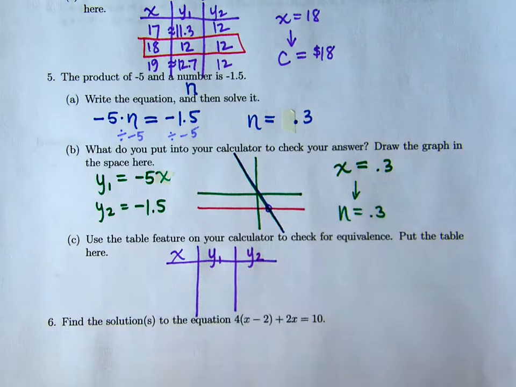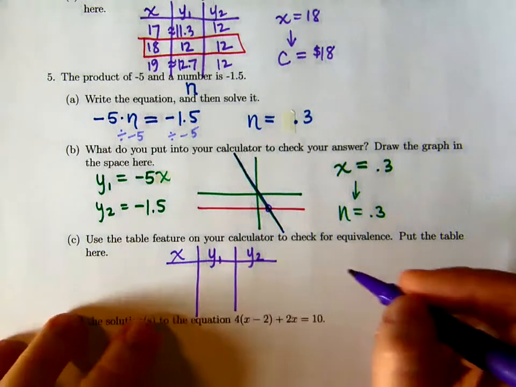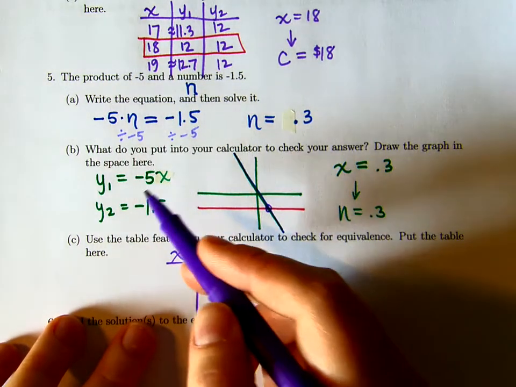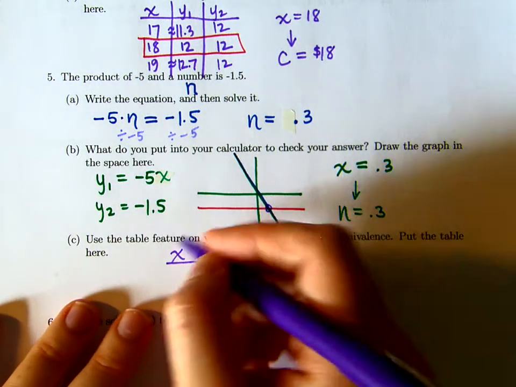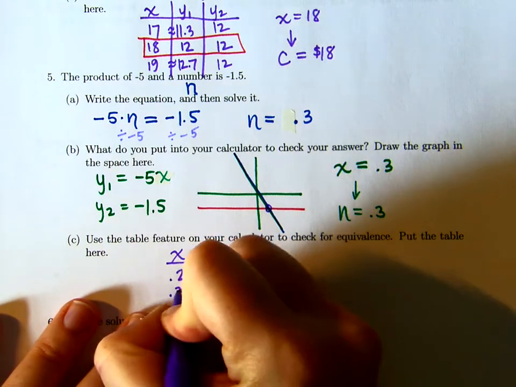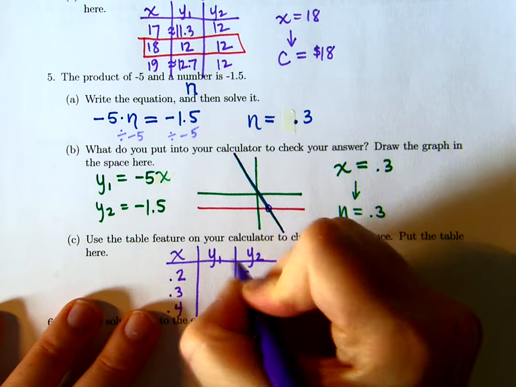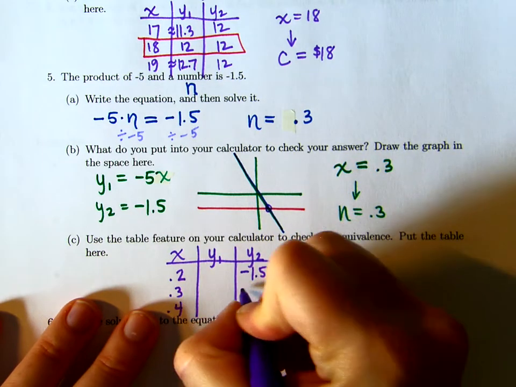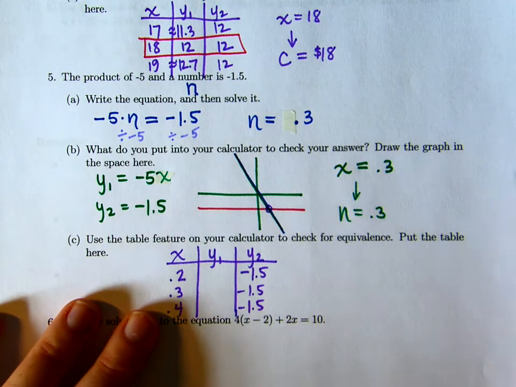Okay, and our table feature, if you're like, what's going on? I'm just very, very quickly doing this now. We would again have to adjust and do our table set, but at 1/10 this time. Okay, y2 is always going to be negative 1.5. So your table will definitely generate that.